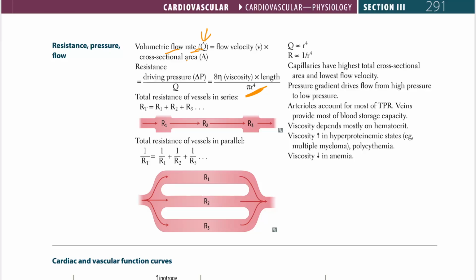Okay, so what is the radius of the blood vessel to the power 4? If you change a radius, there's going to be a large change in resistance.